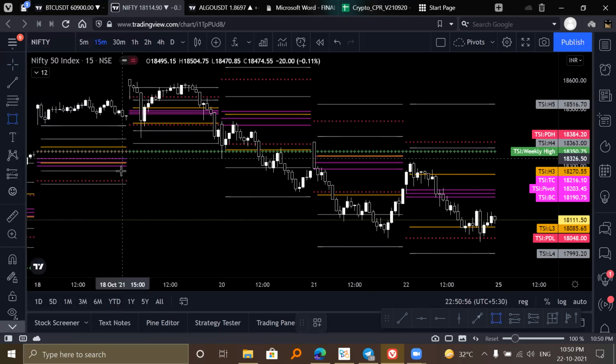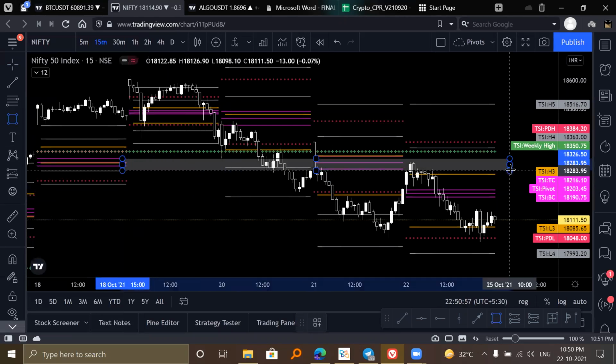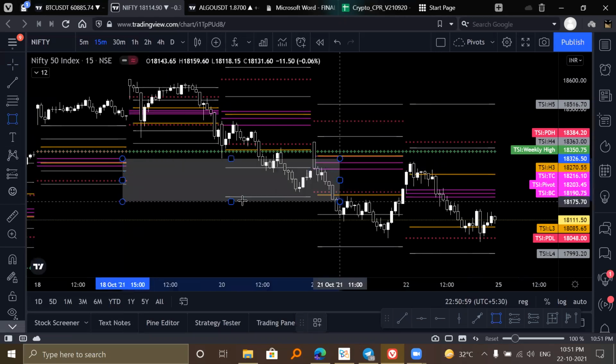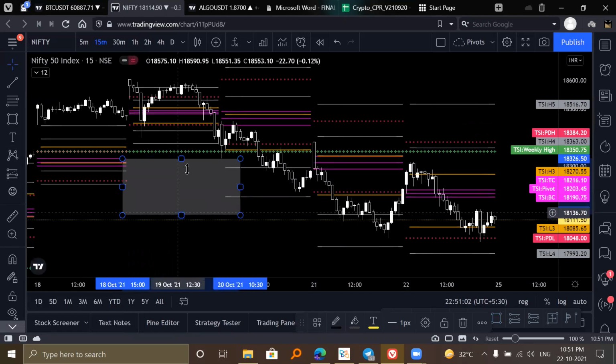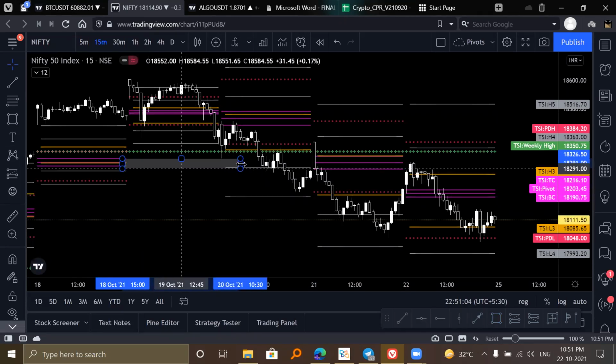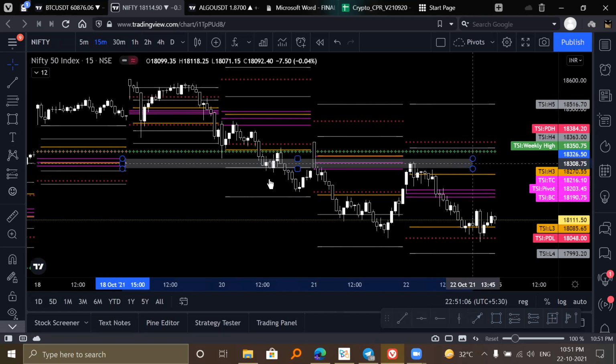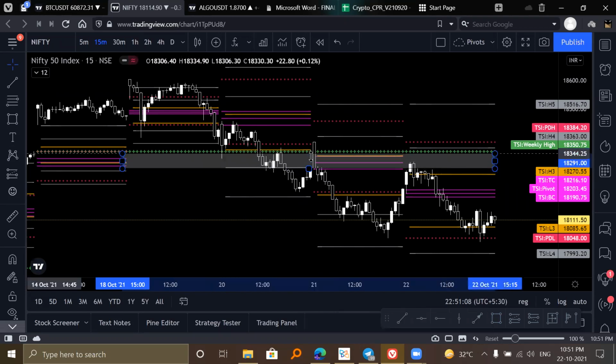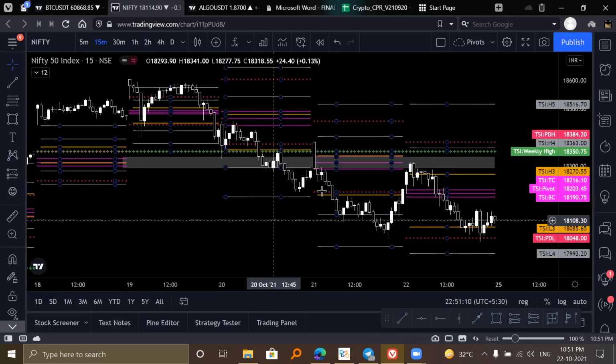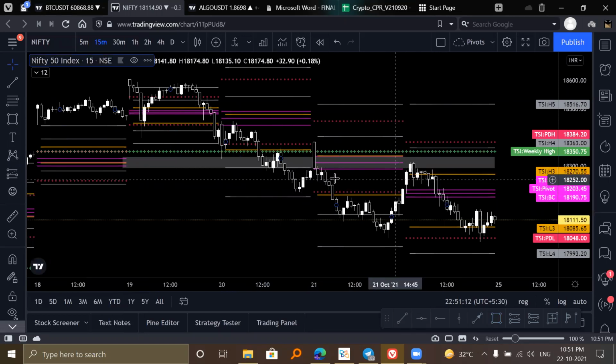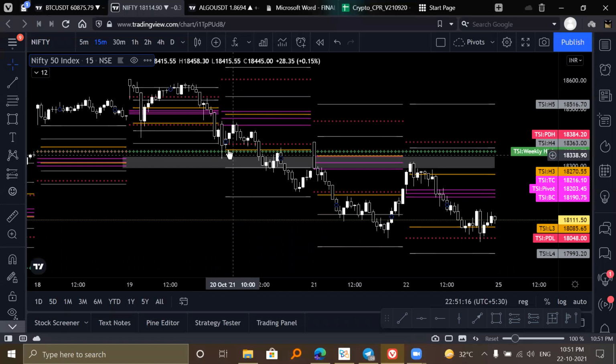See, this was the virgin level, and you can see that now it acted like a flip zone, supply zone. Price reacted from this, and the reaction was there also on this day.